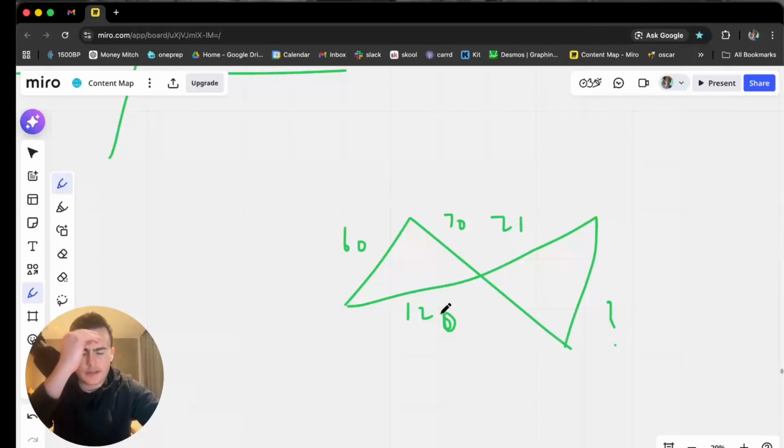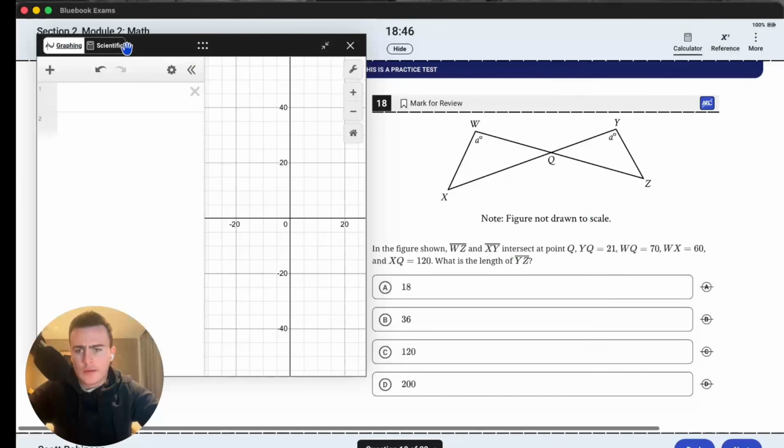Okay, this one actually isn't too hard. I think all you would do is 21 over 70 equals this over that. 21 over 70 equals something over 120.